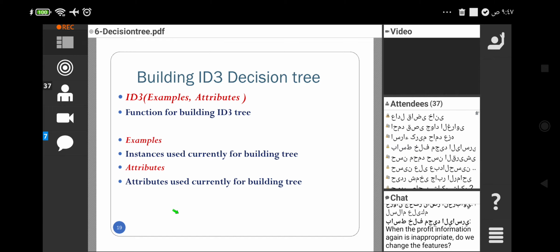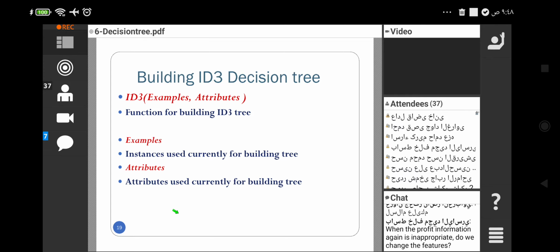Okay, a student asked: when the information gain is inappropriate, do we change the features? Yes, we could change the features. But finally we get a group of features, and then we want to use those features to build the tree.